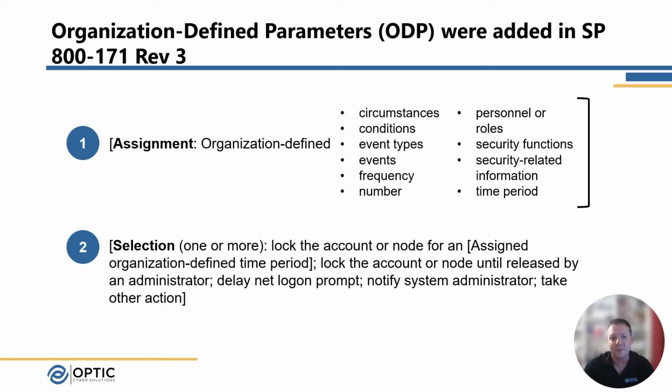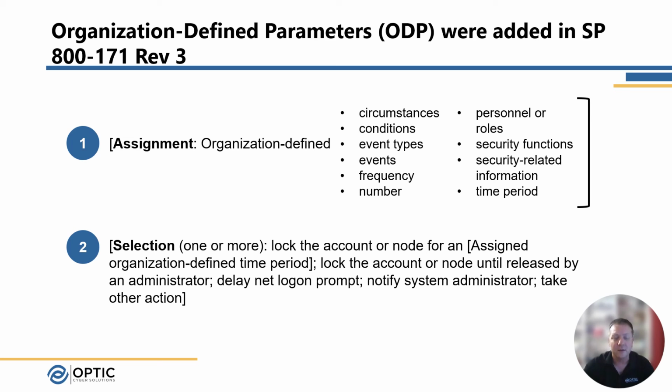And the characteristic may be a condition, a specific type of event occurring, a frequency of something occurring. For example, the requirement for unsuccessful logons has an organization-defined parameter in it that says the organization needs to specify how many unsuccessful logons need to occur before an action is taken.